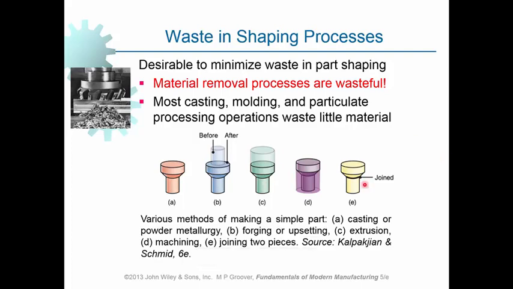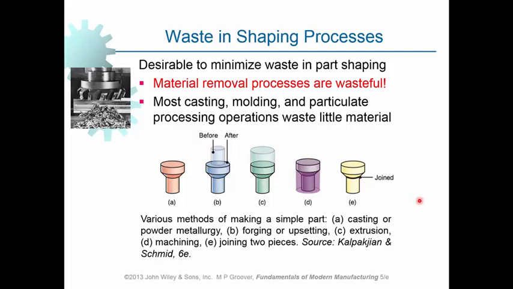Let's take a look at this figure here. We have got the same part that is produced by 5 different processes. Those include casting in A, B, forging or upsetting, C, extrusion, D, machining, and E, that is joining.